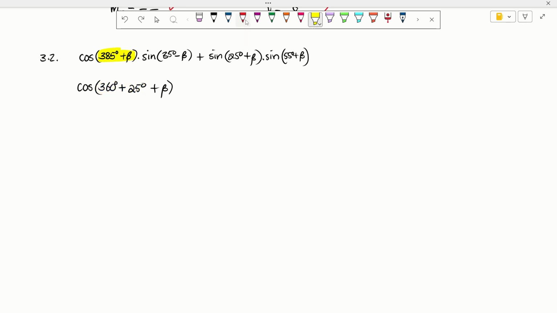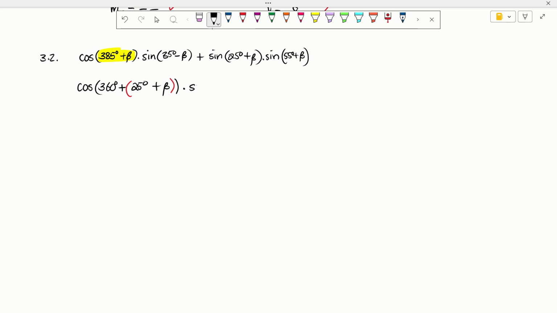But now what's interesting is that this part, which I'll put in a red bracket, is my acute angle that I'm going to reduce this bigger angle with. So I put this in a bracket like that and then close my main bracket.